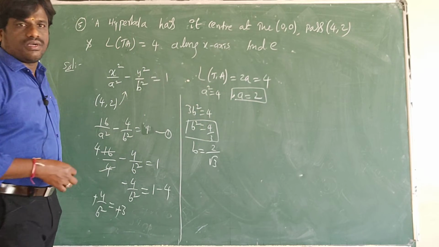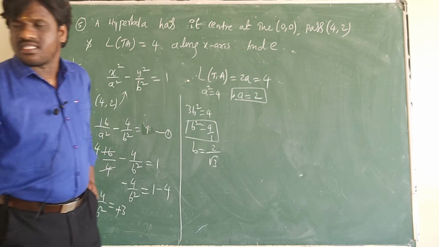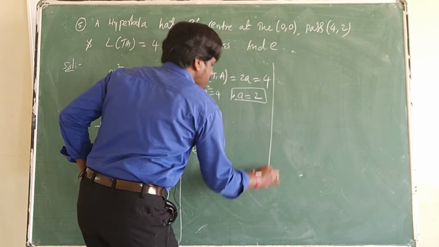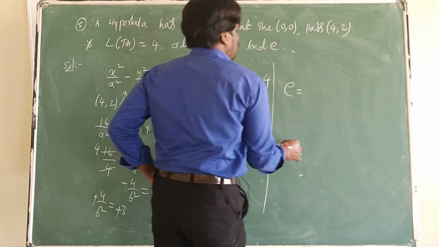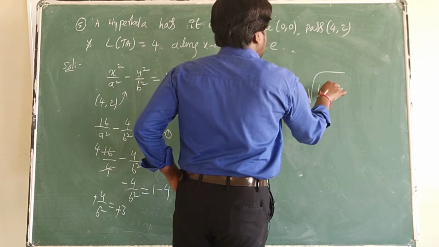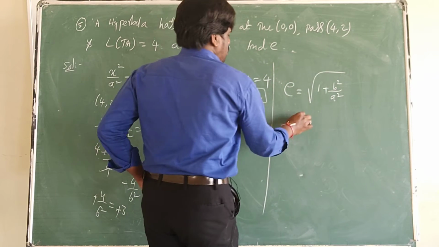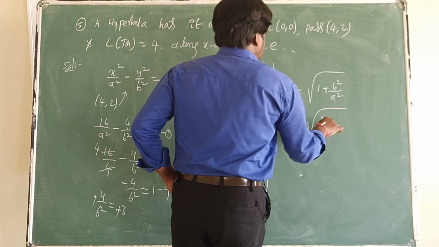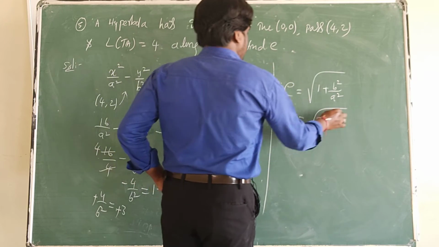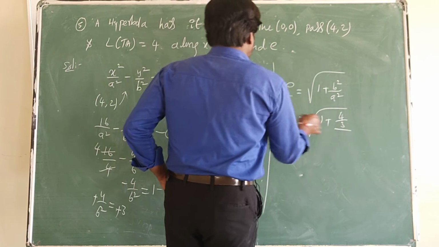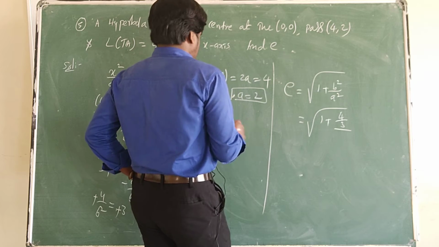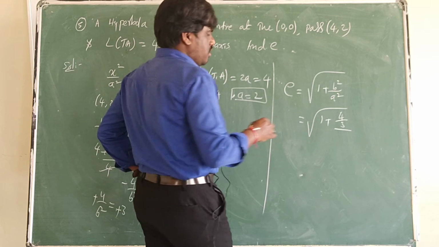You are required to find what? Eccentricity. The formula for eccentricity is e equal to under root of 1 plus b squared by a squared. So this is equal to under root of 1 plus b squared, which is 4 by 3, divided by a squared, which is 4.